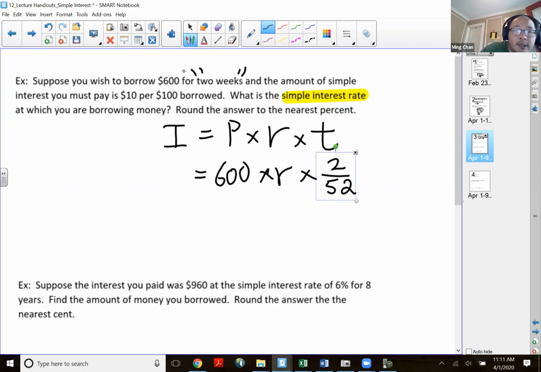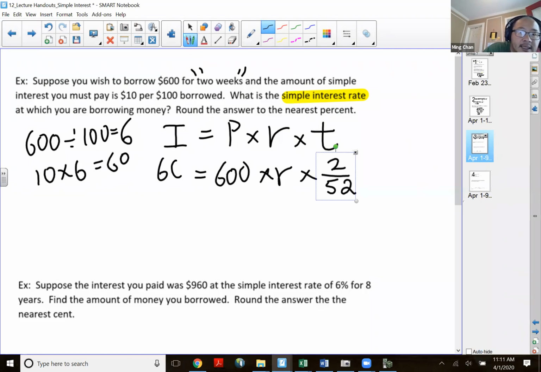So if I borrow $600, divided by every 100 I borrow, that means I borrow 6 of those $100. For every $100 I borrow, I pay $10, and I borrow 6 of those. So that means my interest will be 60.